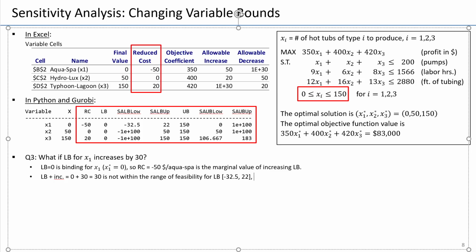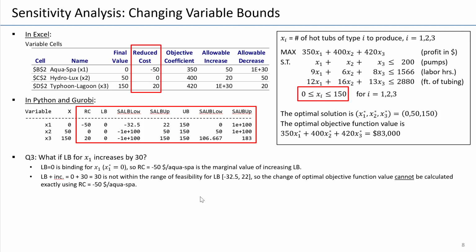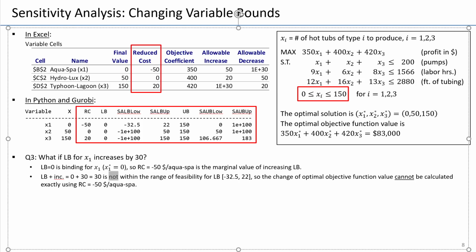So this time, the change in the optimal objective function value cannot be determined using the reduced cost exactly. Before, we could determine exactly how much the profit will change. Now we can just say that it will change, but we cannot determine exactly by how much it will change. Since this is not within the range of feasibility, we cannot calculate the change.